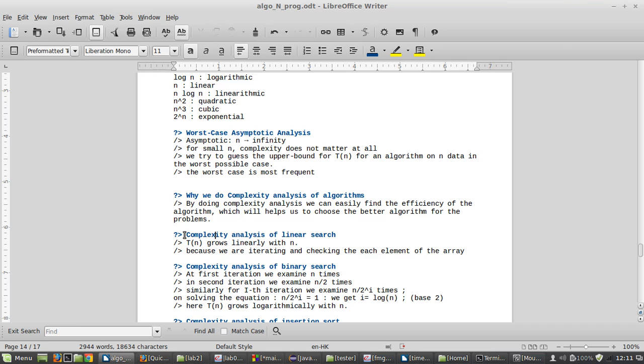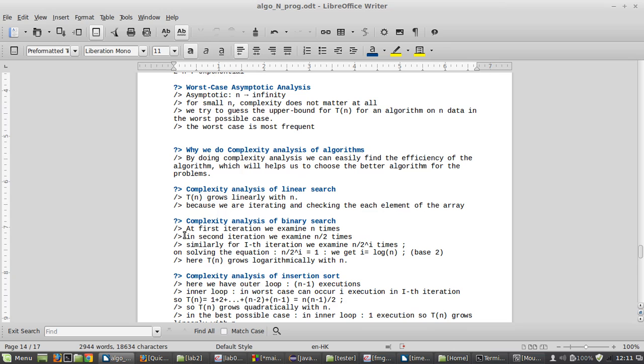The complexity is directly proportional to the size of the problem, so you can say directly that the execution time goes linearly with n. So the complexity of linear search is linear, because we are iterating and checking each element. This was one example of how we do complexity analysis of linear search.